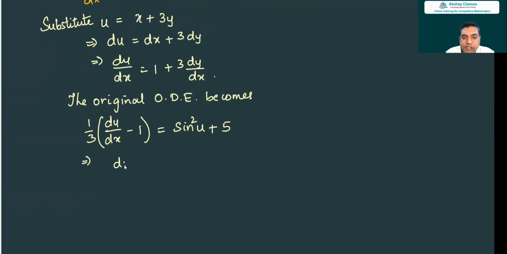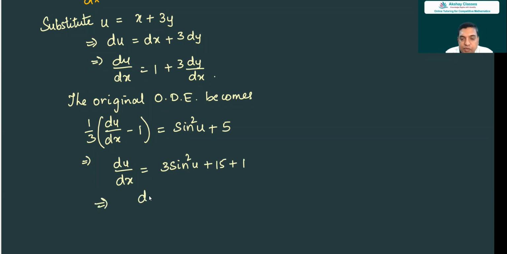So we get du by dx is equal to 3 sine square u plus 15 plus 1. So 3 sine square u plus 16.